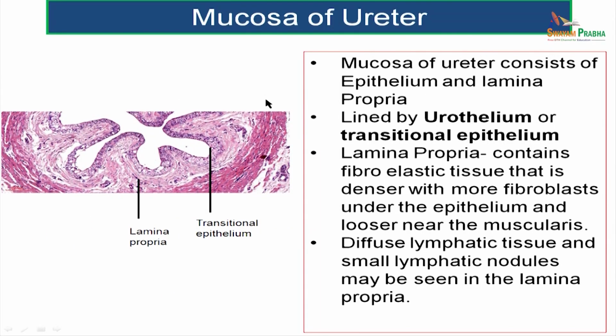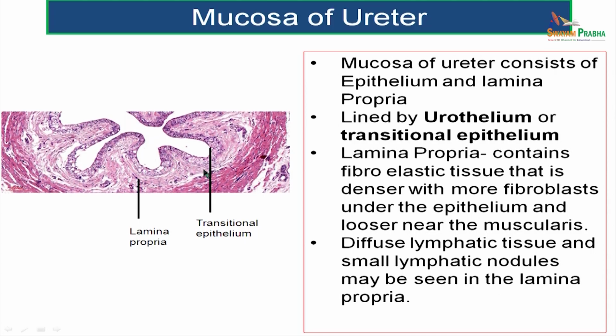First, let us take up the mucosa of the ureter. Mucosa consists of epithelium, which is transitional epithelium, or it is called urothelium. Epithelium with lamina propria is the mucosa.